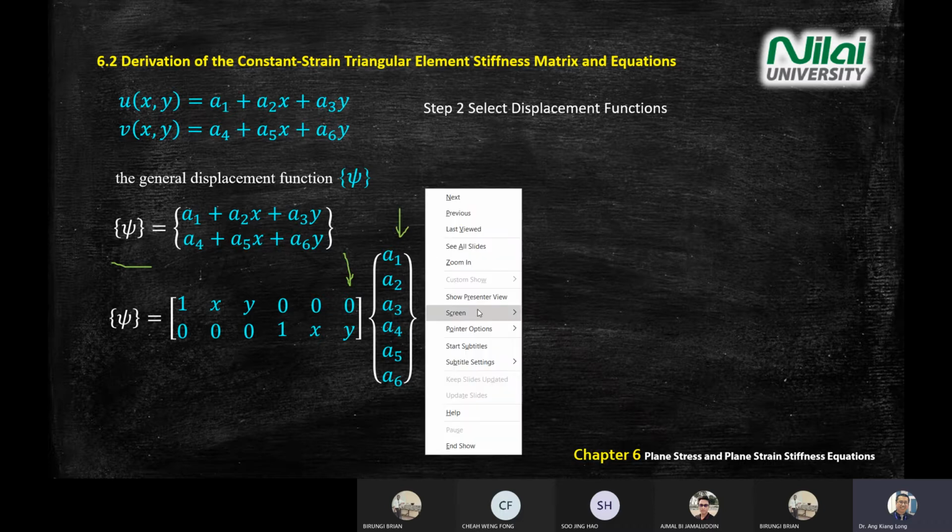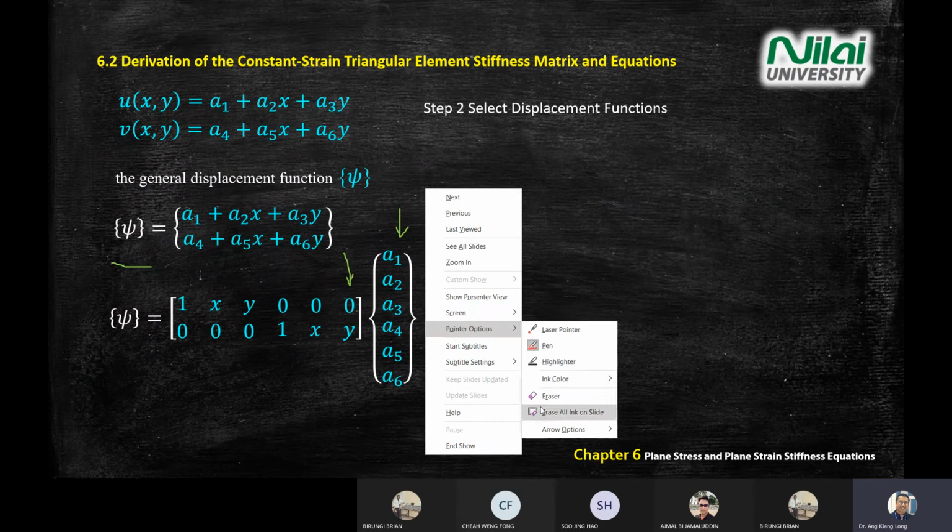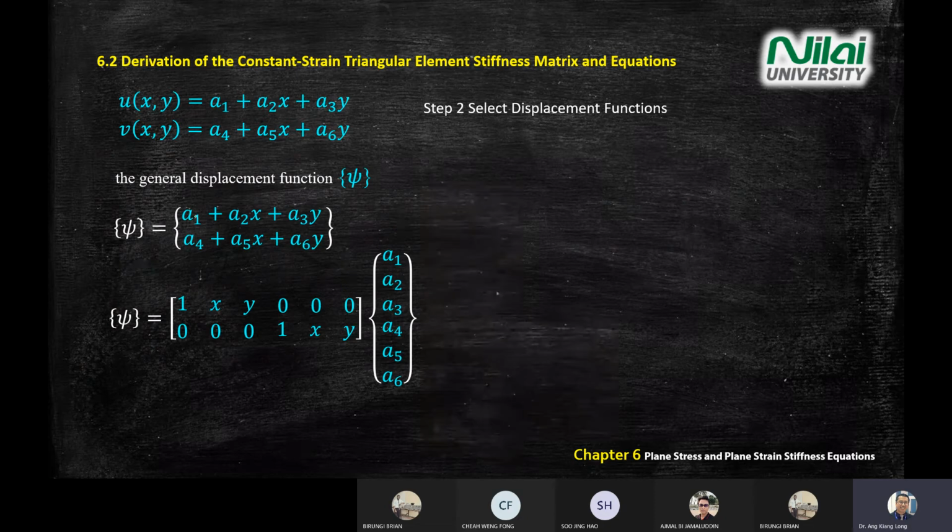So for example, how do you get the first row on top, how do you get a1? This one, 1 times a1 plus x times a2 plus y times a3, you're going to get the first equation for the first row.